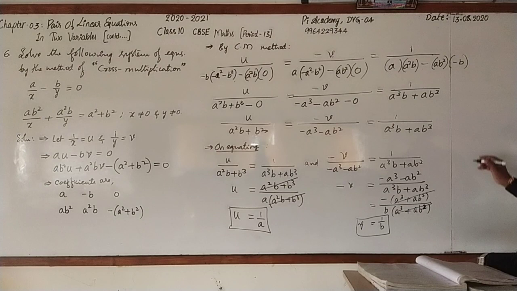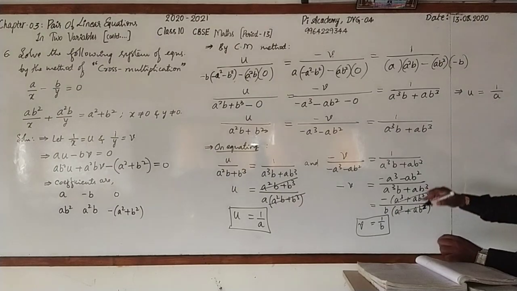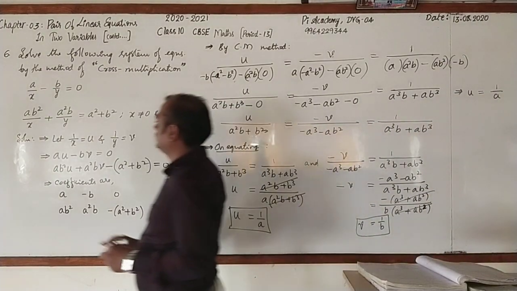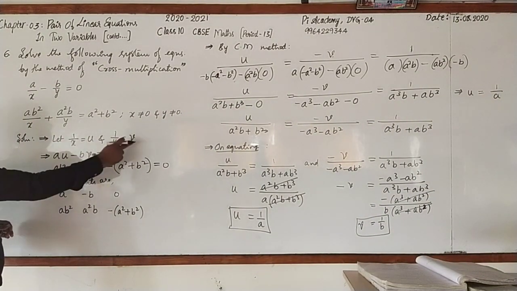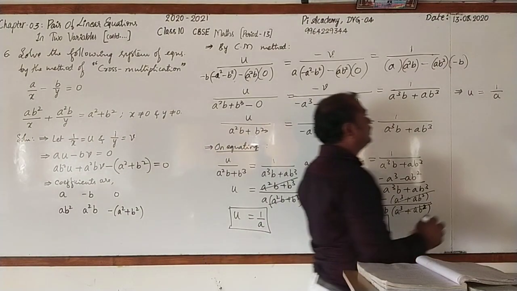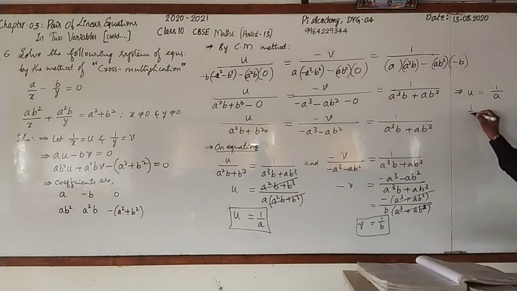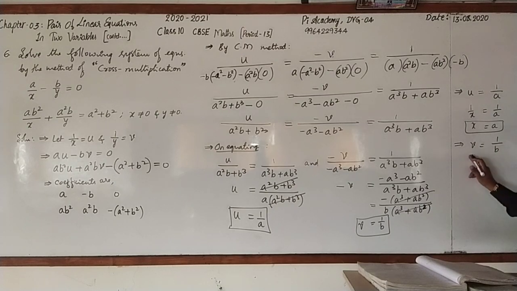Right. Now here I will go for continuing. u is equal to 1 by a. What is u? We have assumed u equal to 1 by x and v is 1 by y. u is 1 by x is equal to 1 by a, x equal to a. v is 1 by b, where v is 1 by y, it is equal to 1 by b, y is equal to b.